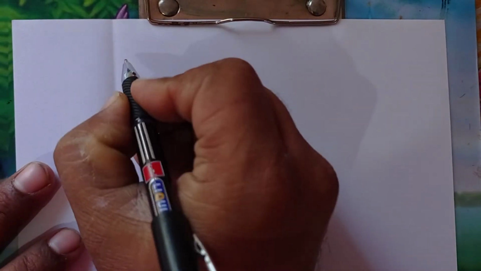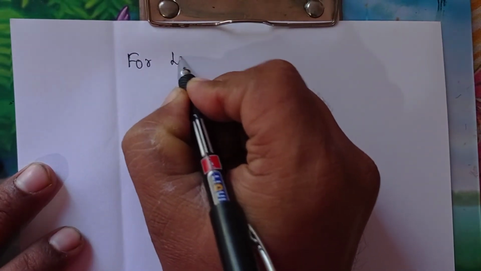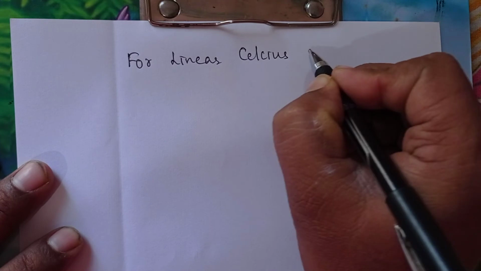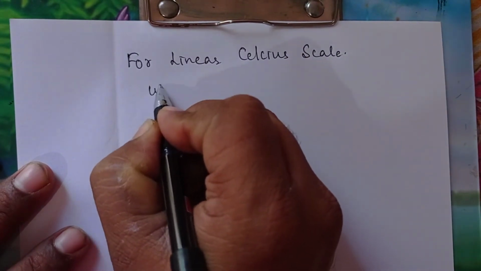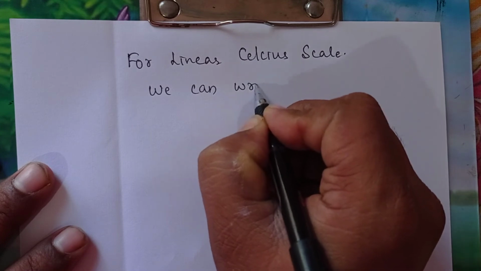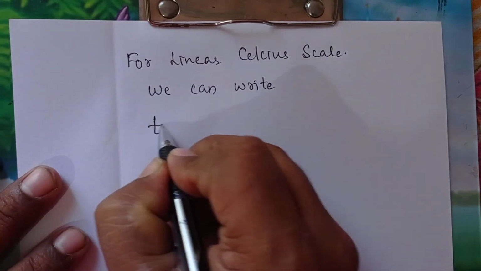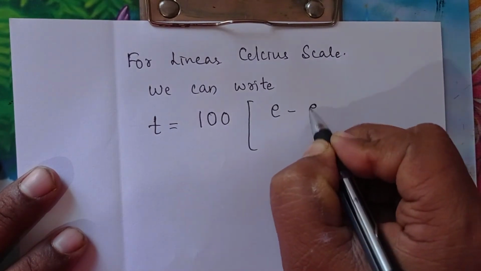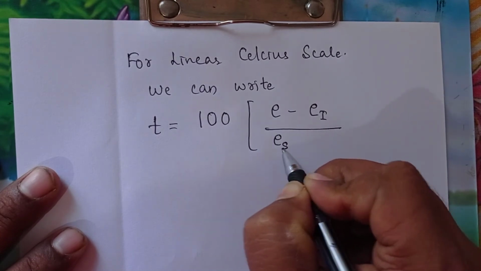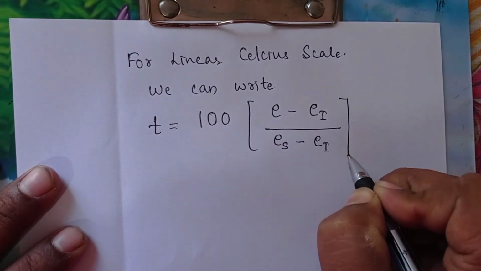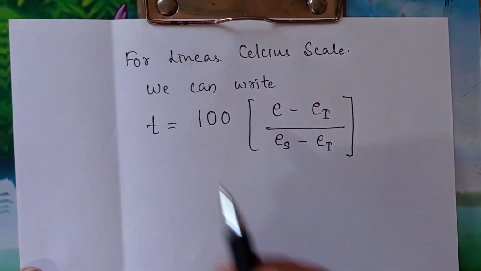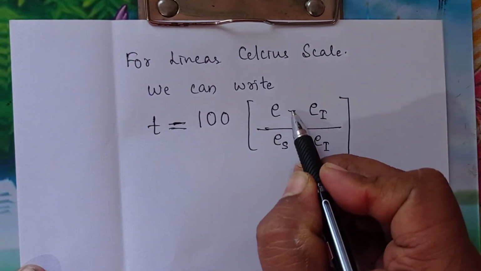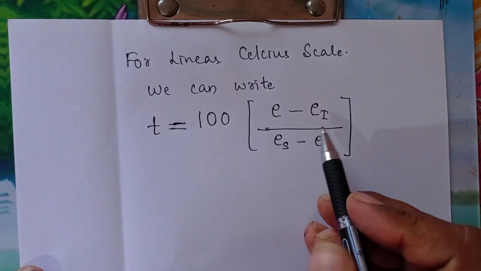For linear Celsius scale, we can write the equation as T is equal to 100 into bracket E minus EI divided by ES minus EI.